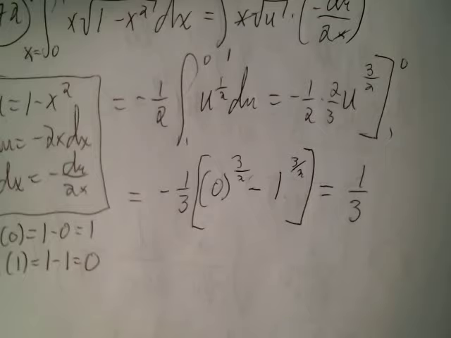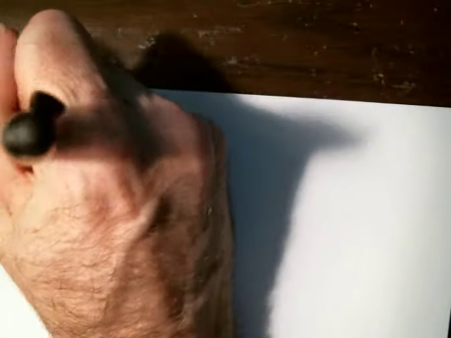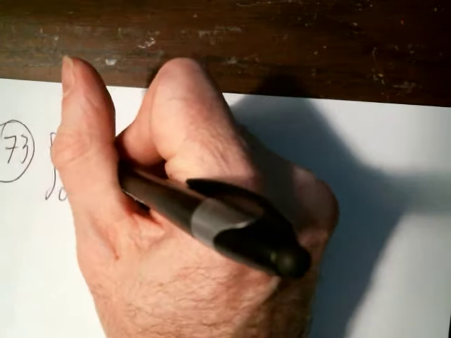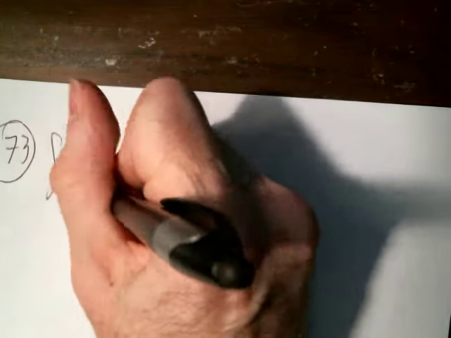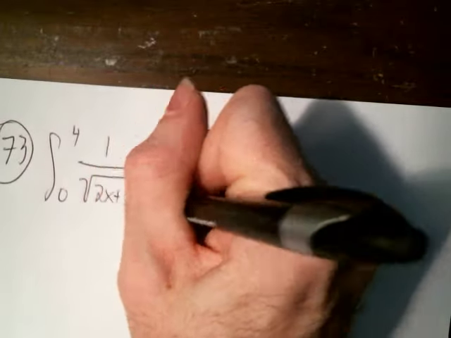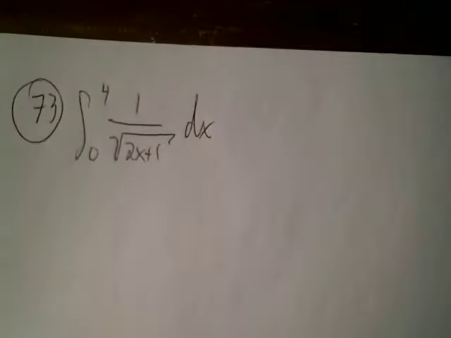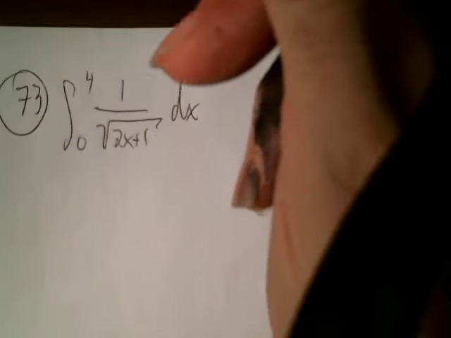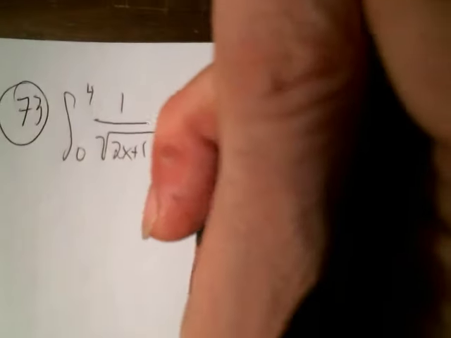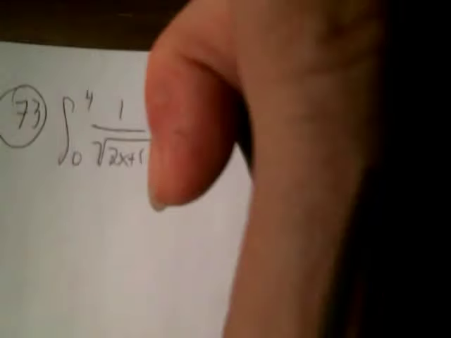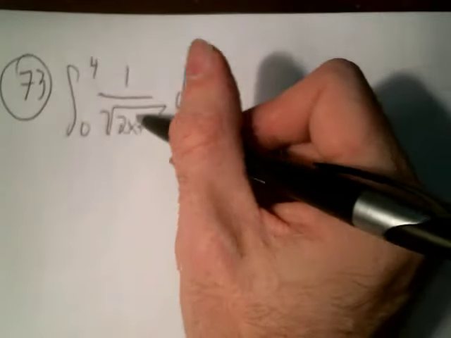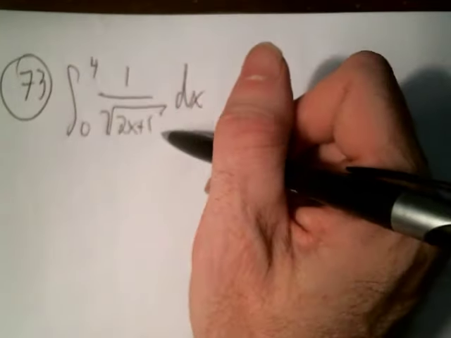Let's try one more of those, just so we get the idea. So 73, I'm integrating from 0 to 4 of 1 all over the square root of 2x plus 1 dx. So in this case, I need a u sub for this material down here, right?